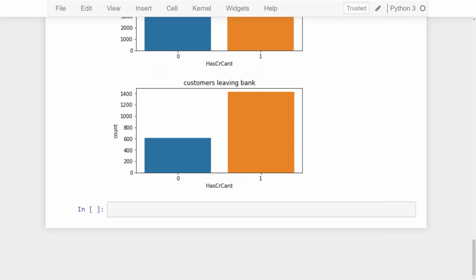That doesn't solve any business problem. The business problem is that a lot of customers have started leaving the bank. So we want to identify those reasons and solve those problems, right? So if we use exited equal to 0, then also we'll get a graph, but that graph will not solve our business problem, and is not in accordance with our business objective.